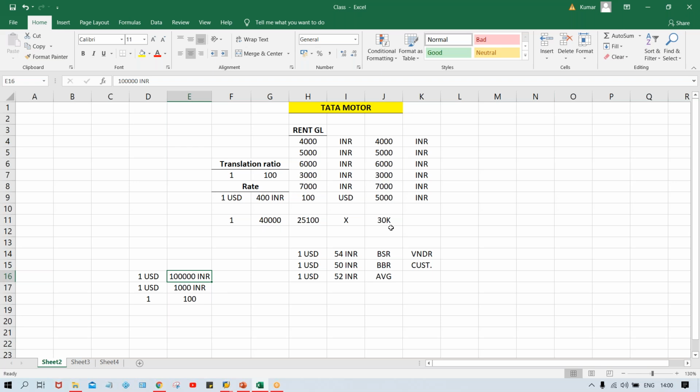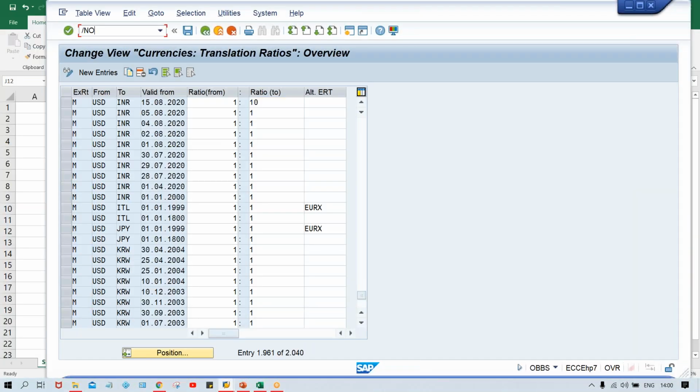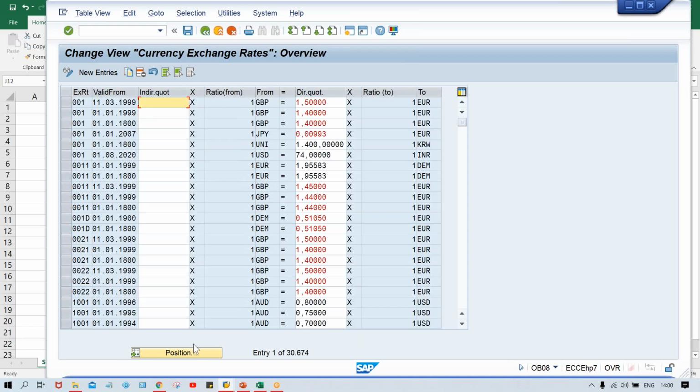There is still one more thing that is pretty important, which I'm going to explain in the next session. Say, for example, go to OB08. See the configurations, look at here, guys. How easy the configuration steps are. If you talk about the configurations, within 2 minutes we can make these configurations.